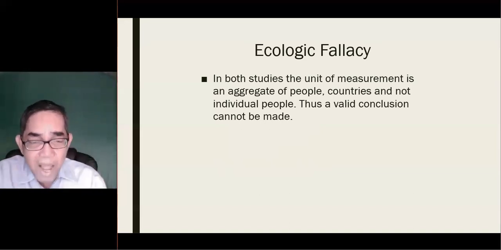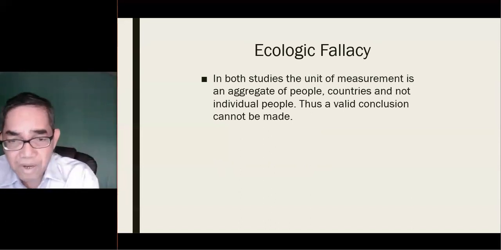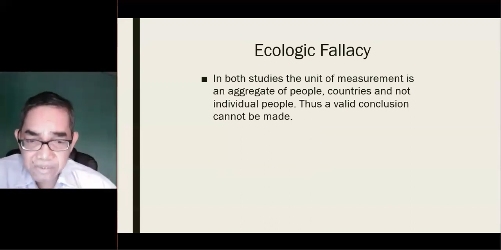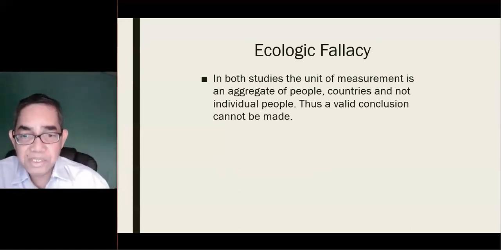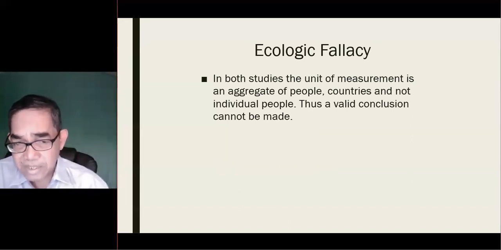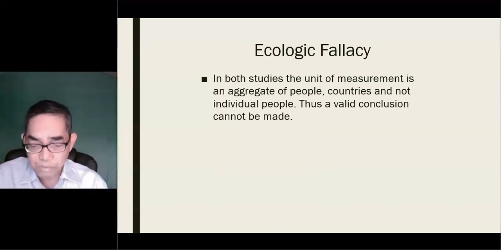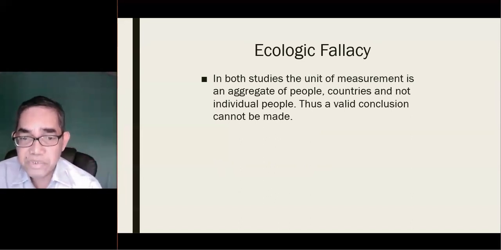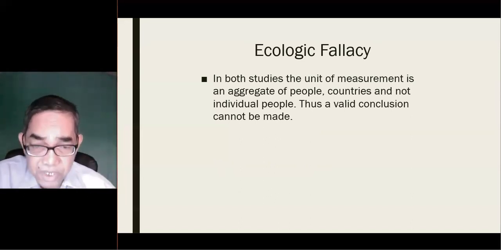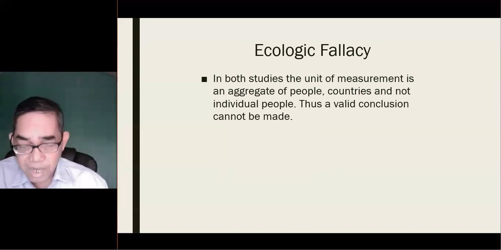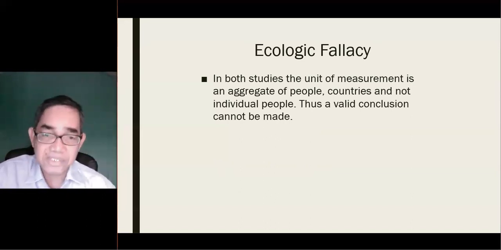You need to have individual people to be able to make that conclusion. But since the unit of measurement, as we said, is a group of people, then we cannot make that valid conclusion. Making that conclusion will constitute an ecologic fallacy.